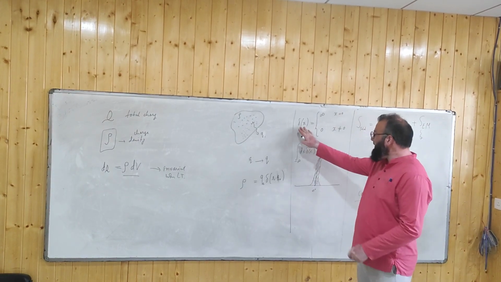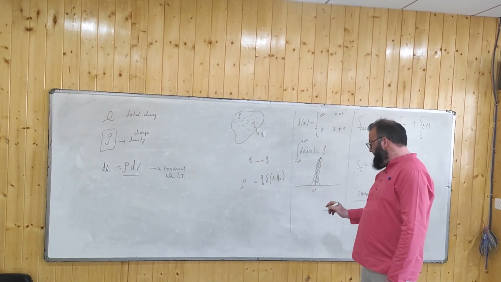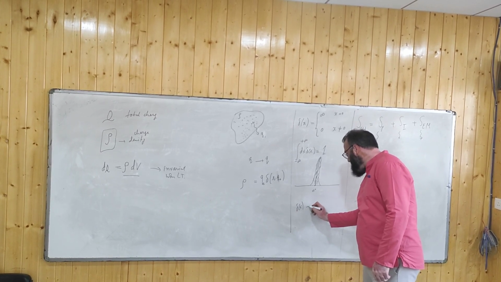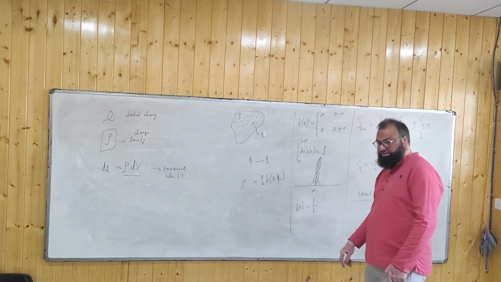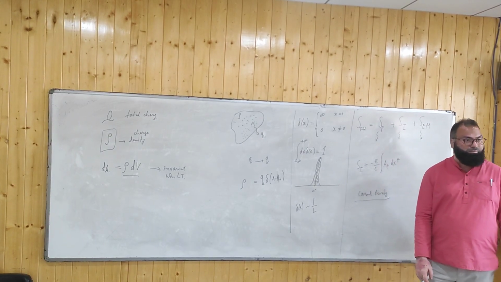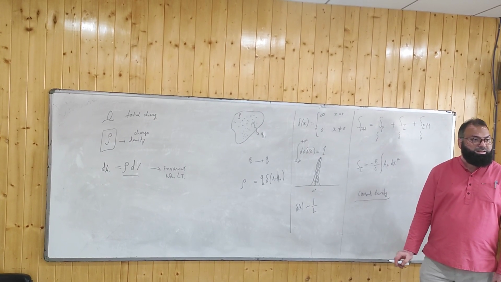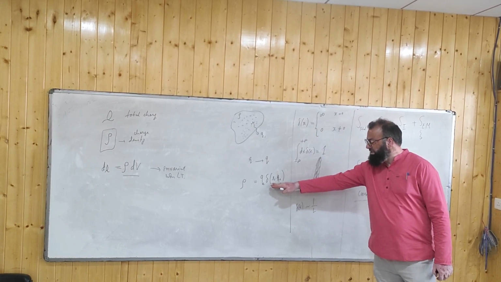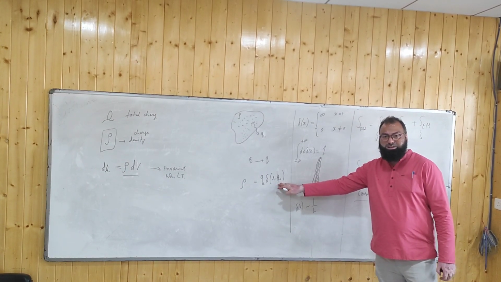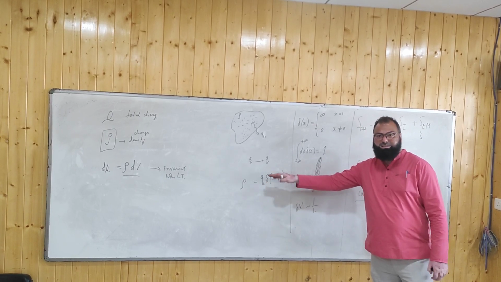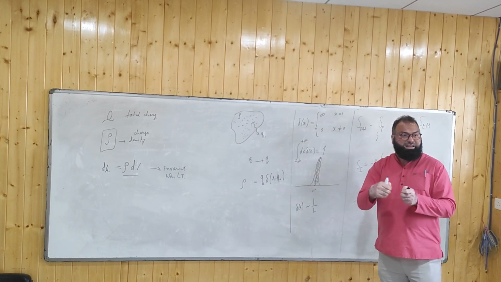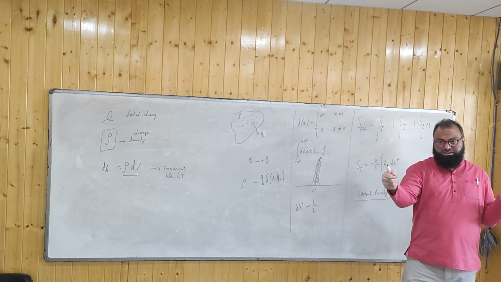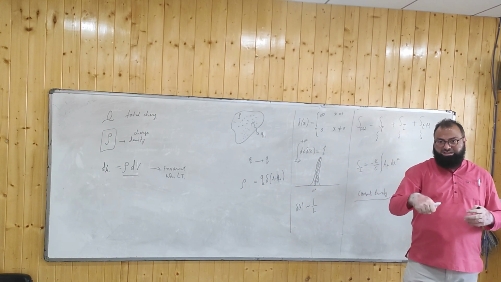Now tell me, what are the dimensions of delta of x? In one dimension, delta of x behaves as 1 by length. So if you have delta of r minus r naught, and you multiply charge by the delta of x in one dimension, it will give me the linear charge density.